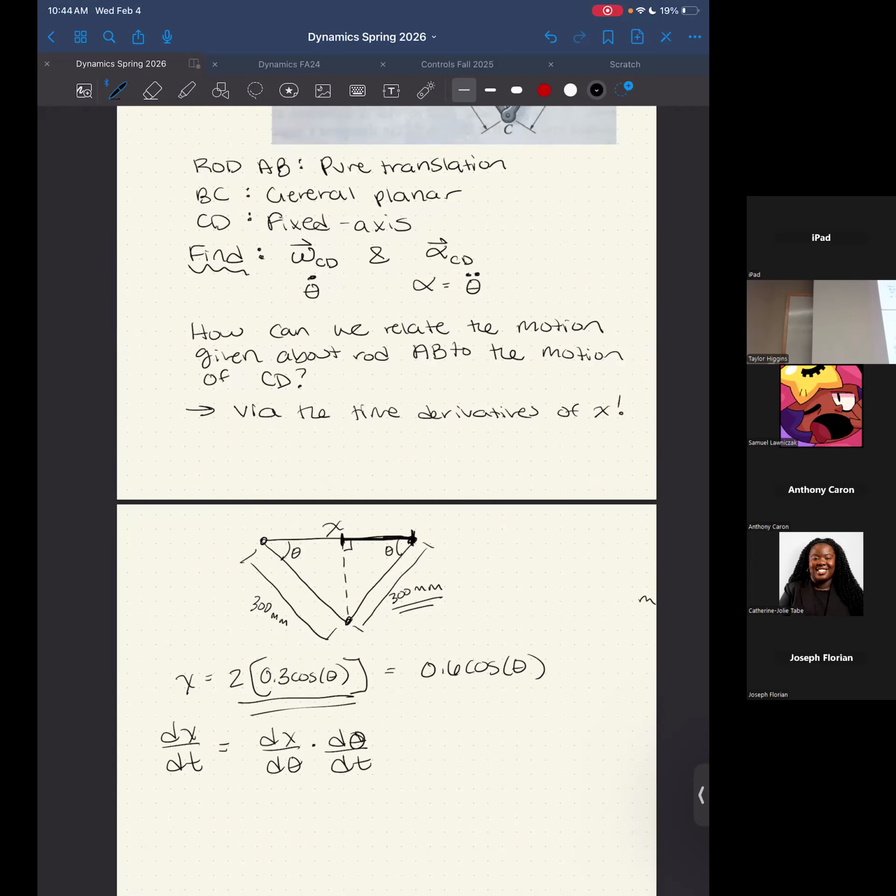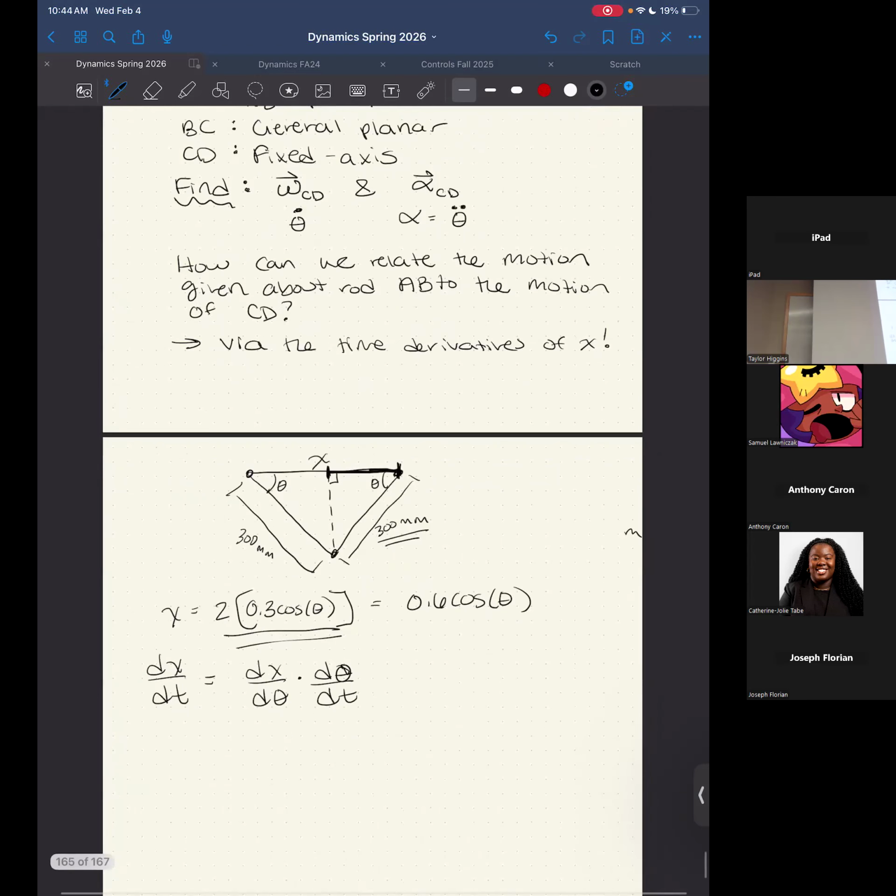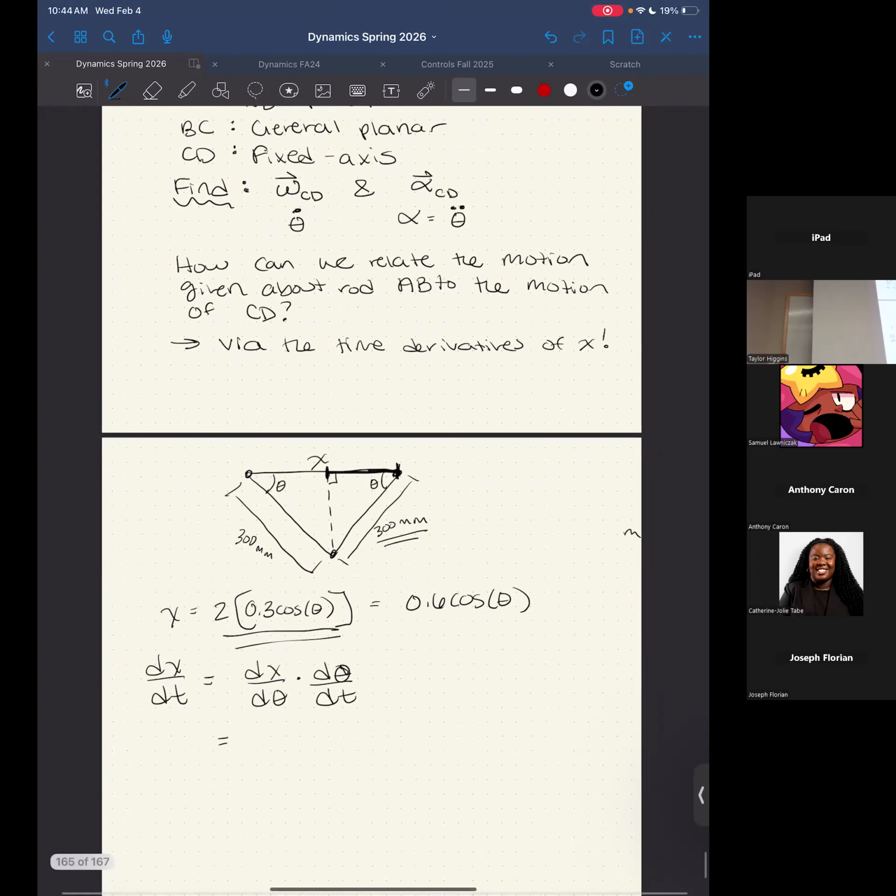So I can't immediately take a time derivative of it. I have to be very careful to apply the chain rule. What is dx d theta? The derivative of cosine is, so minus 0.6 sine of theta times theta dot.